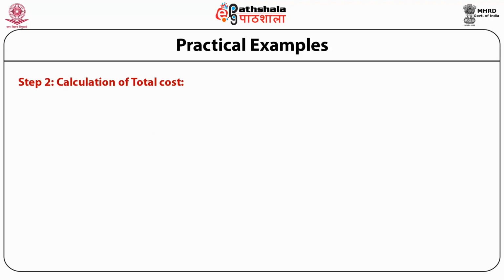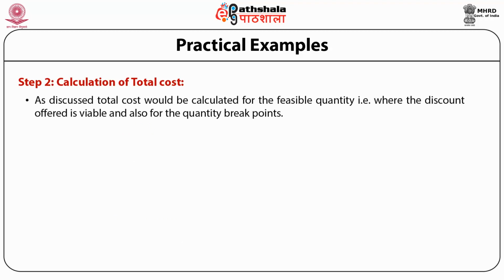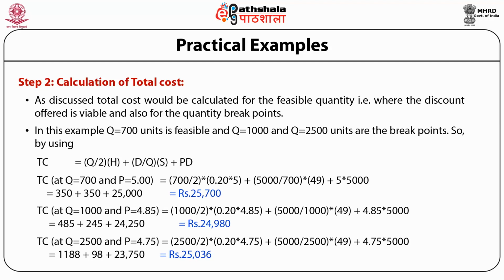Calculation of total cost. As discussed, total cost would be calculated for the feasible quantity, that is, where the discount offered is viable, and also for the quantity break points. In this example, Q equal to 700 units is feasible and Q equal to 1000 and Q equal to 2500 units are the breakpoints.